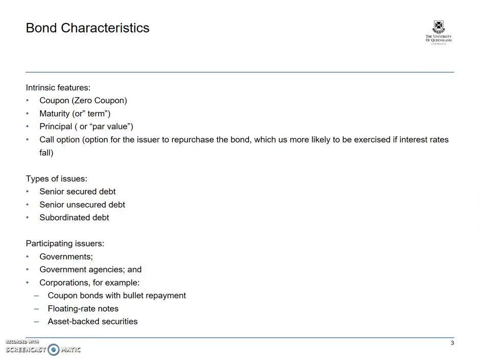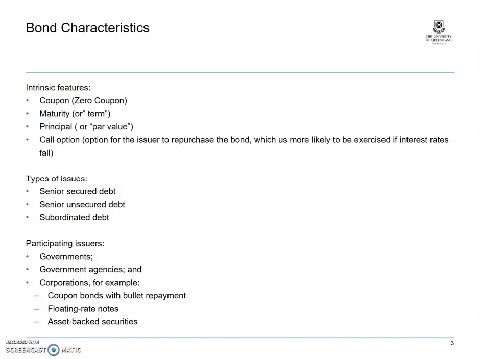So what are some bond characteristics? Well, for most bonds we have a coupon, and so that's the regular payment of interest. Note that there are some bonds which do not pay interest, and these are usually called zero coupon bonds. The maturity is when they have to repay the principal.